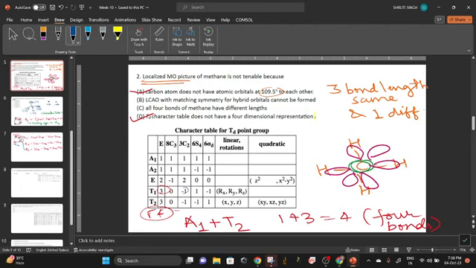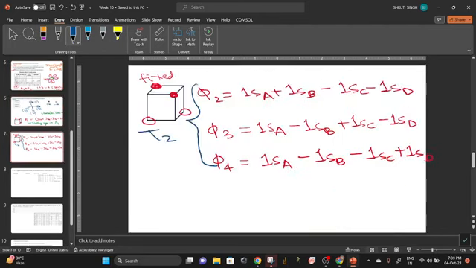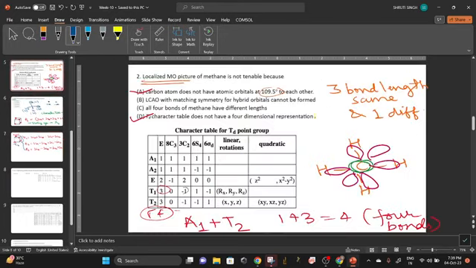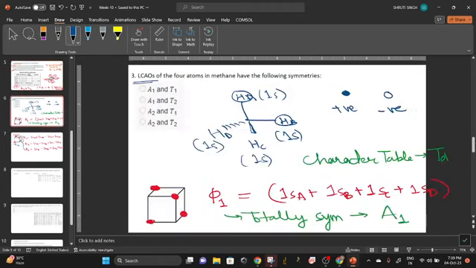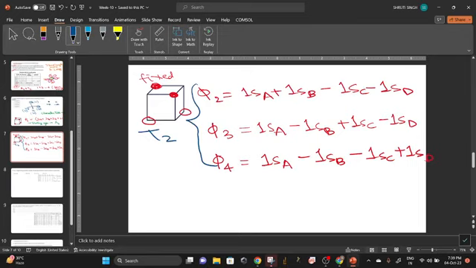And with respect to sigma D, sigma D means along 2 bonds, 2 will change places. I'm not clear about sigma D, but along S4 it is antisymmetric. Maybe that's why it's T2. Okay, let's take it as it is. So it is T2. I'm not very sure why this is not T1.